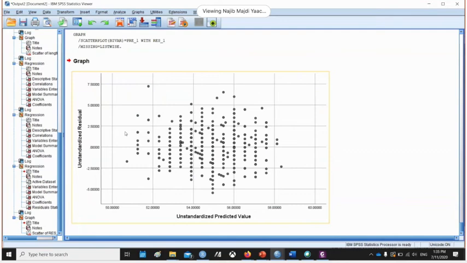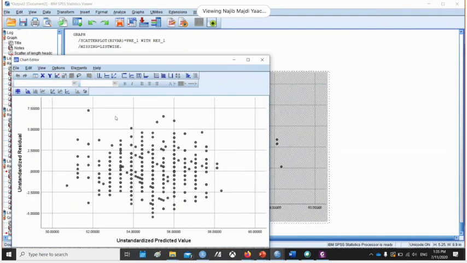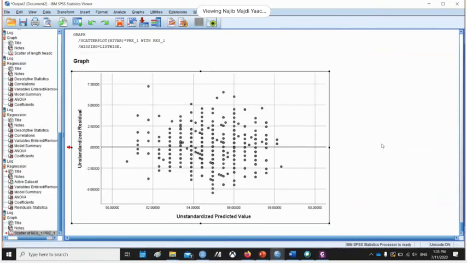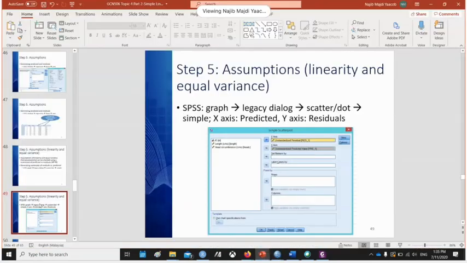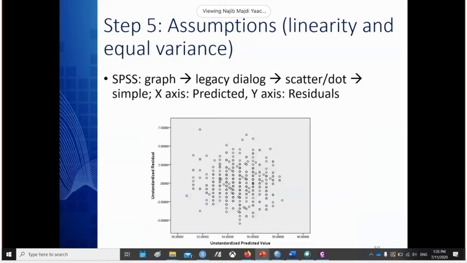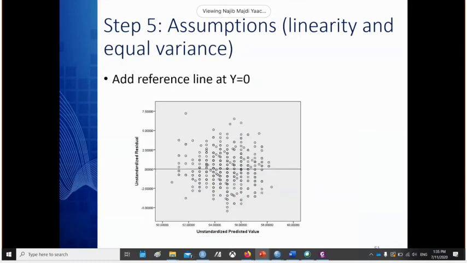So you will be given this scatter plot, and you need to add a reference line at 0. Okay, so we add a reference line at 0.